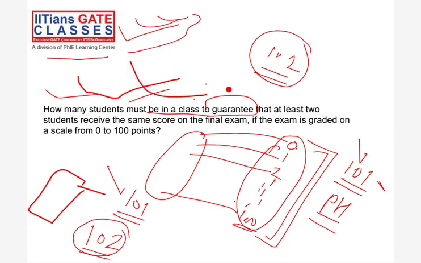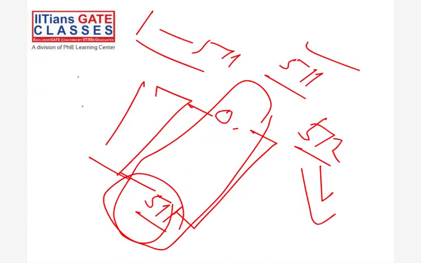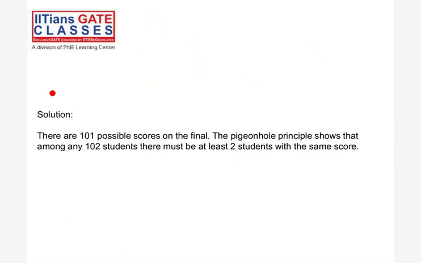So just take care. Nothing to worry about. From next time onwards, don't make this mistake. So this is the solution: there are 101 possible scores, so we need at least 102 students. This is the answer.